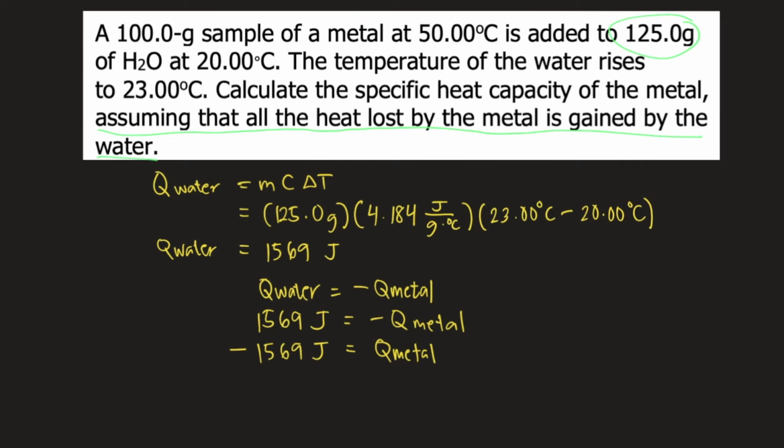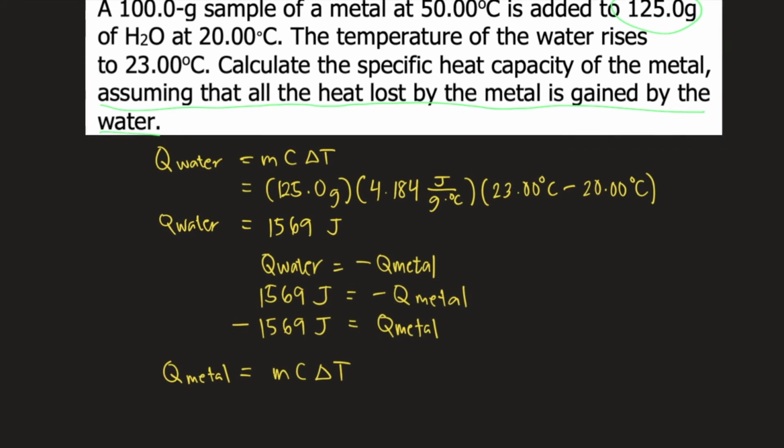Then we write the equation for Q metal. Q metal is MC delta T, where M is the mass of metal, C is the specific heat capacity of the metal, delta T is the change in temperature.